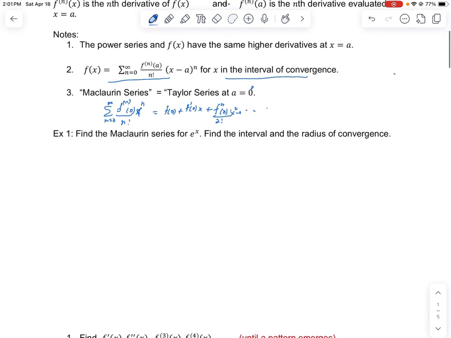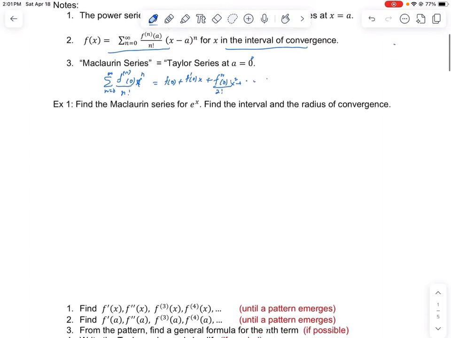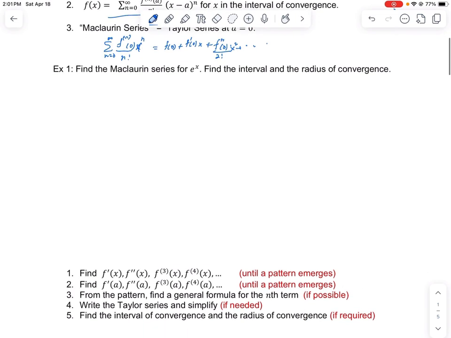So let's start with an example immediately. This is the way I have written down the steps of finding the Maclaurin or the Taylor series. We start with the function, which is e to the x, and a here is 0 because we are evaluating the Maclaurin series.